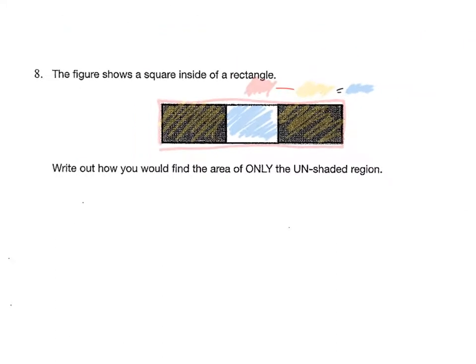And just to show you, if I wanted to know the area of just the yellow part, I would do kind of the opposite. I would take the red section and I would just subtract the blue section. So that red section minus the blue section would give me what's left there in the yellow section. So it's good to know both of those ways of going at this. If you're not sure about this part, make sure you ask me. Maybe I can give you some numbers that might help you out on this part.